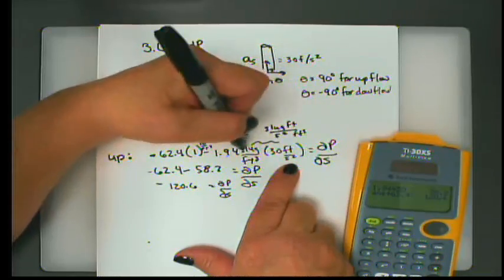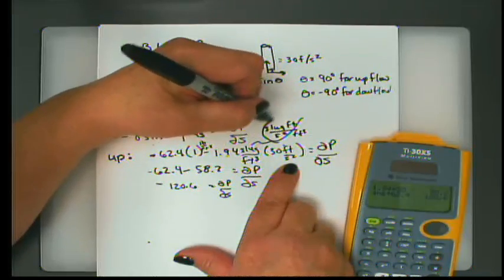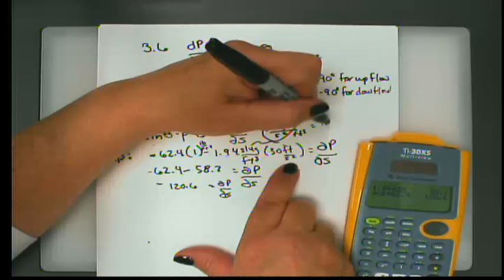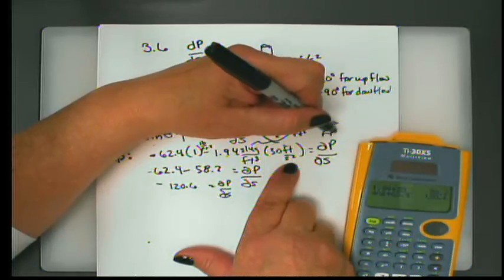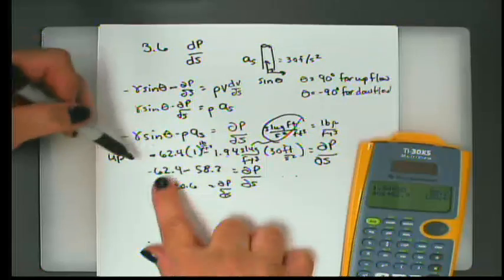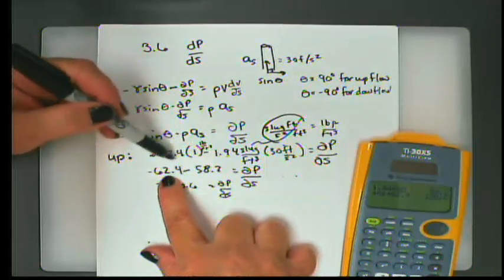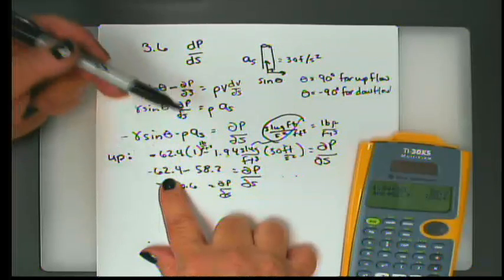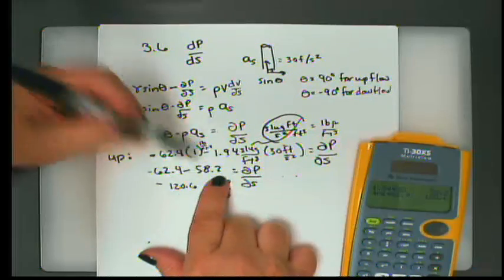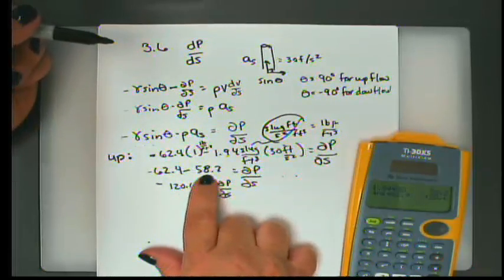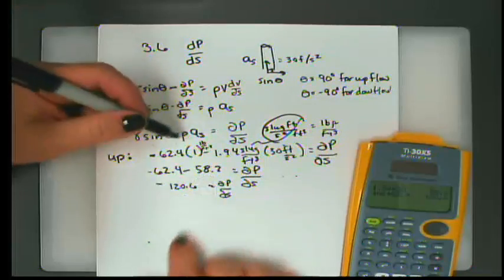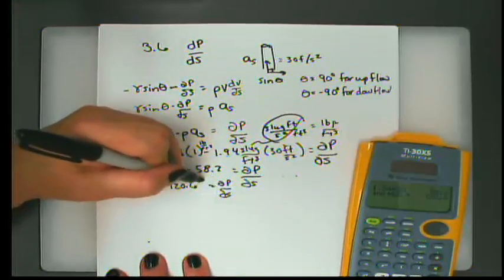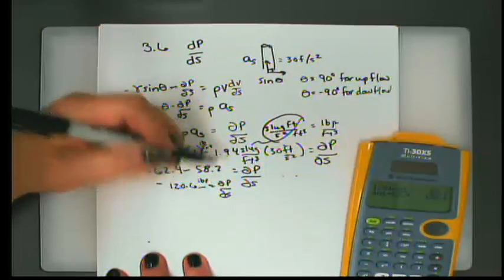Now I wrote this slug foot per second squared because I know that this is a pound of force. Okay, so what that tells me is this is in pounds per cubic foot, and this is also in pounds per cubic foot. Pounds of force per cubic foot.